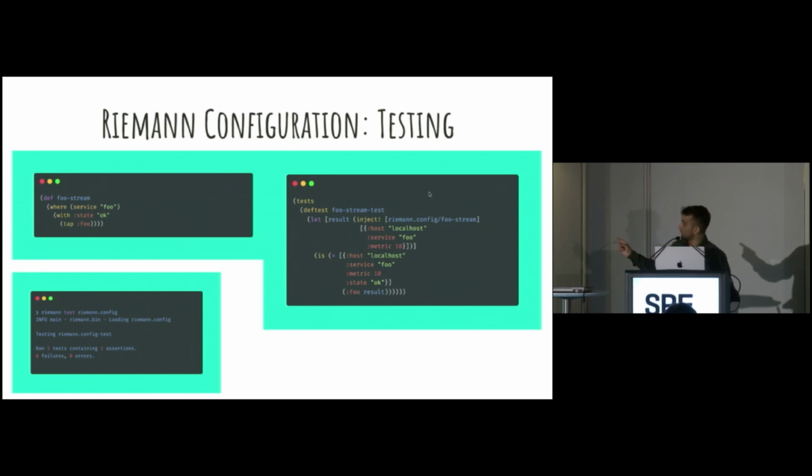On the right side, we have written a test where we are injecting a test event, and then validating whether the output from that stream is as expected. You can see that the state OK is now appended as part of the event. So this is one way you can validate your Riemann config before actually pushing it to production.